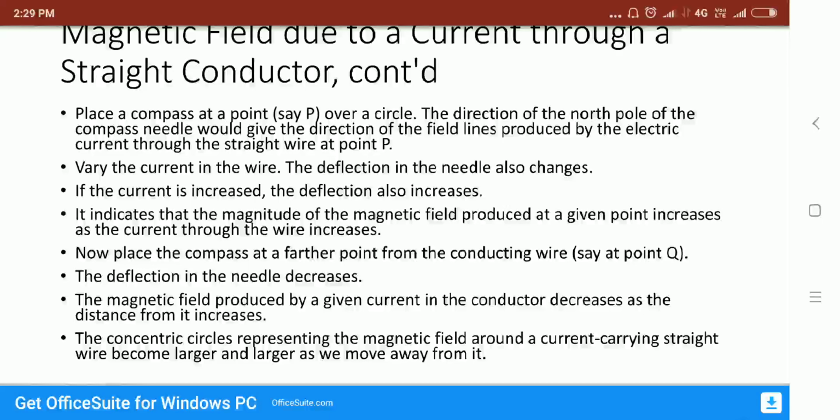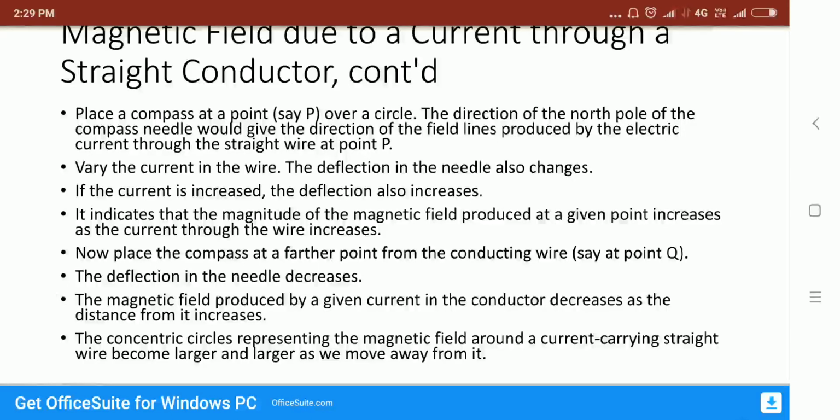Now, instead of varying the current value, if we change the position of the needle, then also the deflection varies. If the needle is moved away from the current carrying wire, then the deflection decreases.